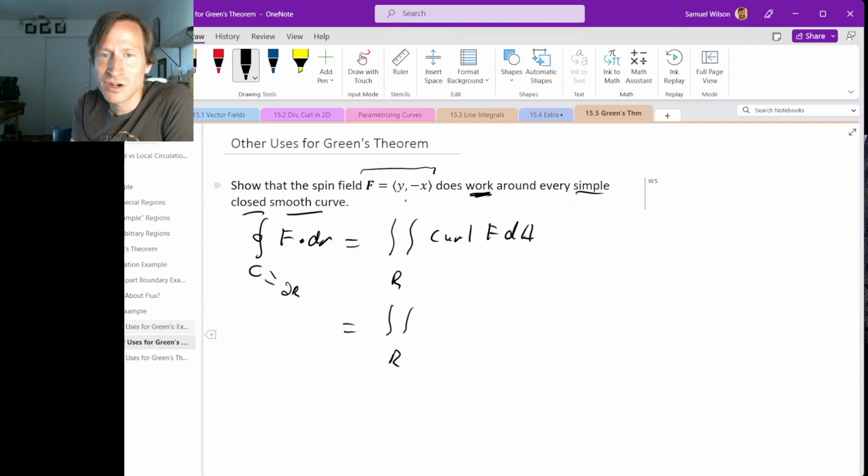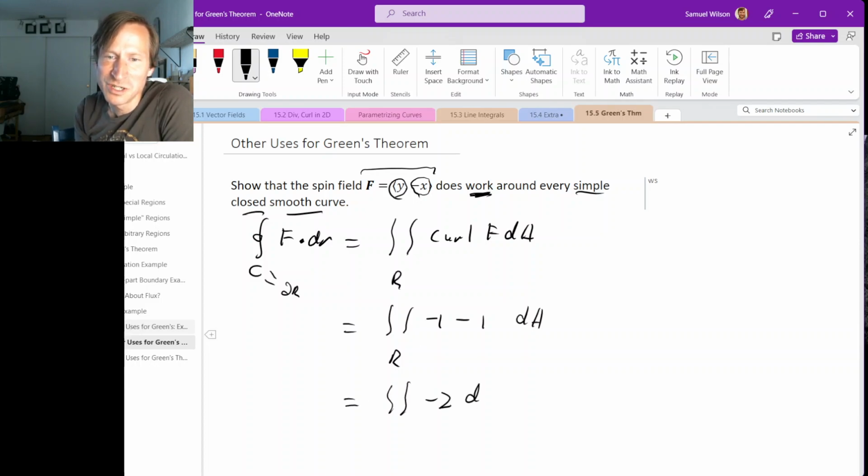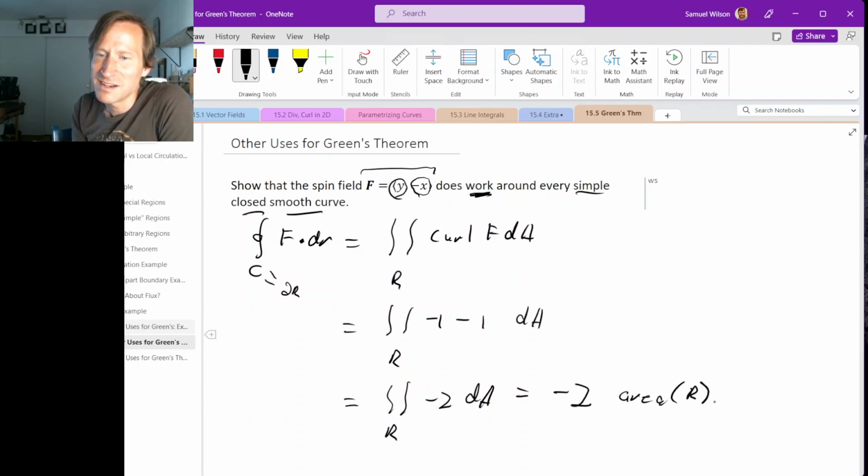If we work out the curl of f, partial n partial x is -1 minus partial m partial y, that's 1. So we get the double integral of -2 over this region, but that's just going to be -2 times the area of R.